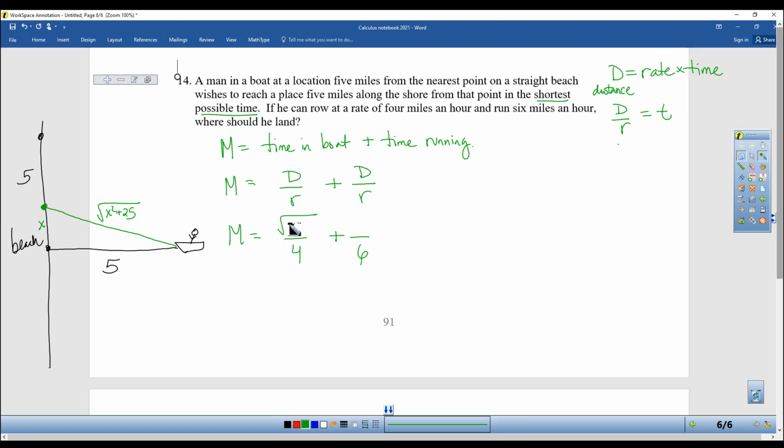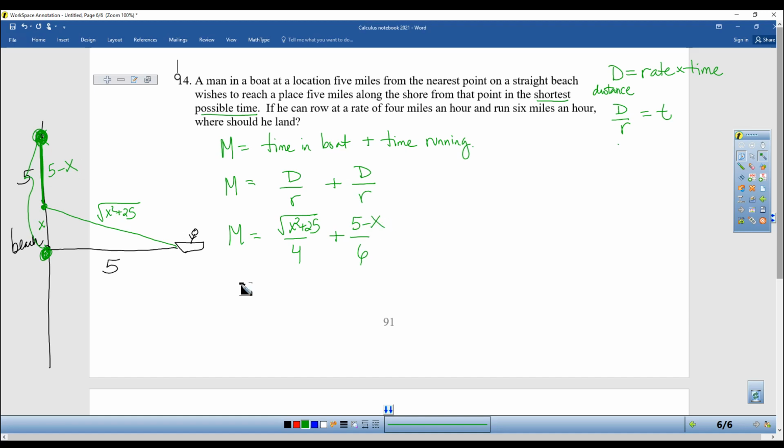So x squared plus 25. And what is his distance running? It's going to be this distance, which isn't part of a triangle, but since the entire distance from here to here is 5, then this distance right here is 5 minus x.